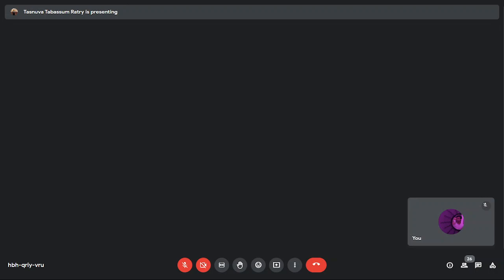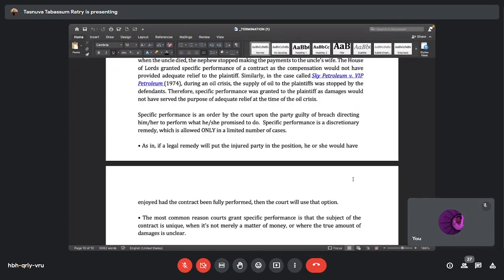It's usually allowed in limited circumstances where the court finds that damages will not be an adequate remedy. The whole concept of specific performance is putting the parties, the injured parties specifically, in the position where they would have been if the contract had been fully performed, without any breach.